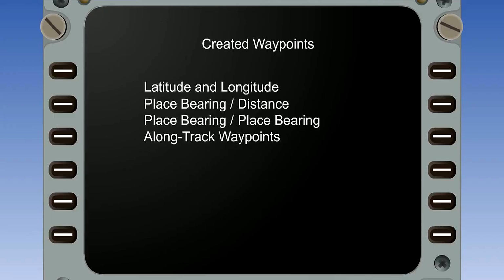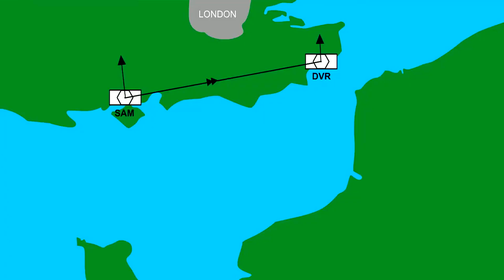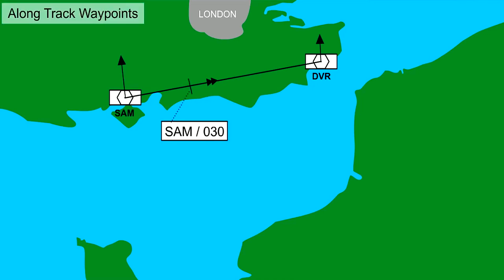Finally, there are along track waypoints. If the route, for example, is a direct track between Southampton and Dover, then Sierra Alpha Mike 030 means 30 nautical miles along the route after Southampton. And Delta Victor Romeo -030 means 30 nautical miles before Dover.